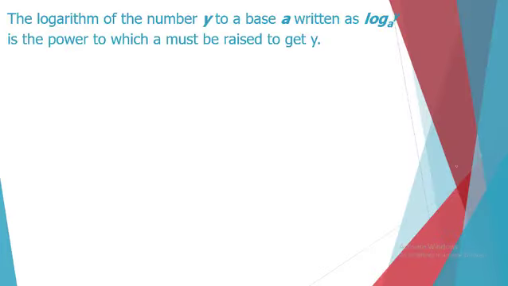So let us start. When we talk about the term logarithm, I will say that the logarithm of the number y to a base a, written as log y base a, is the power to which a must be raised to get y.